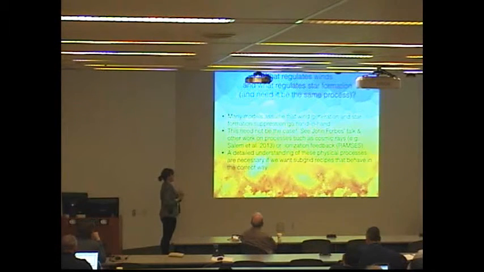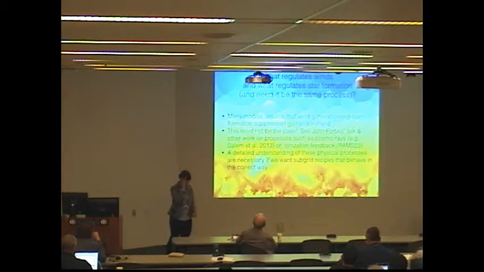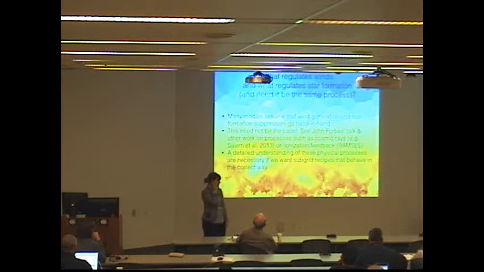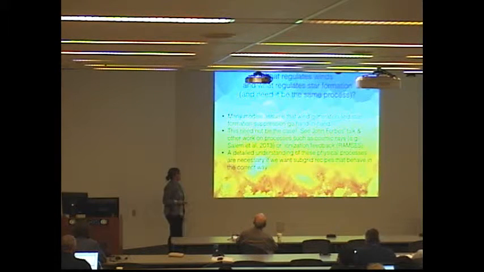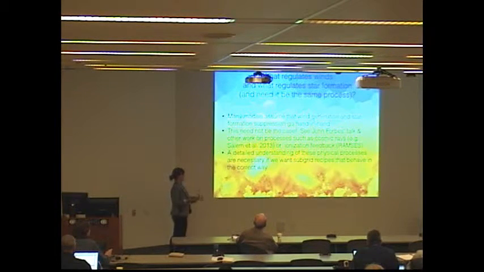And this is still a work in progress. We're still putting in physics, but I should mention that one of the things I found very interesting at this meeting is that there's been a lot of discussion of feedback processes and what they do in galaxies. For a long time we've had the bathtub model, which assumes that winds regulate star formation, so the amount of gas you have in the bathtub determines your star formation rate.